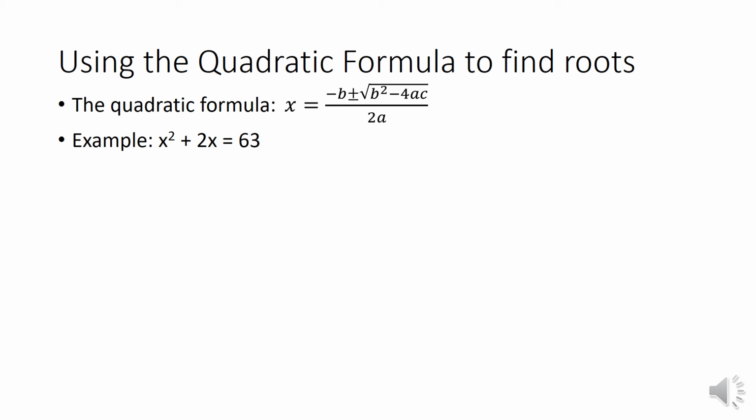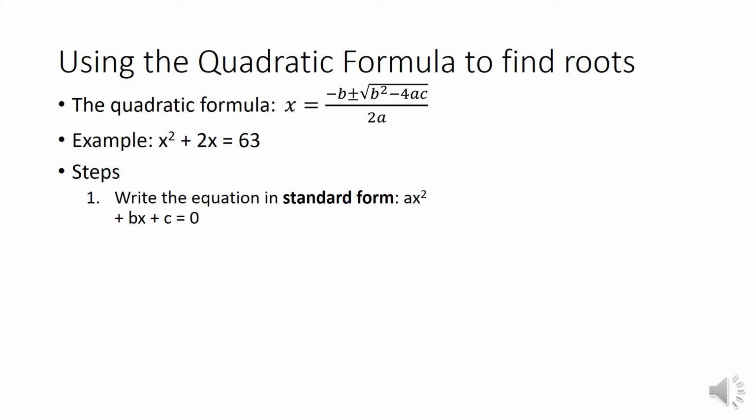So here in our example we have x squared plus 2x is equal to 63. Now to get this into standard form, we're going to have to subtract 63 from both sides.